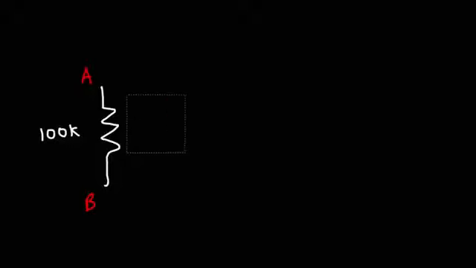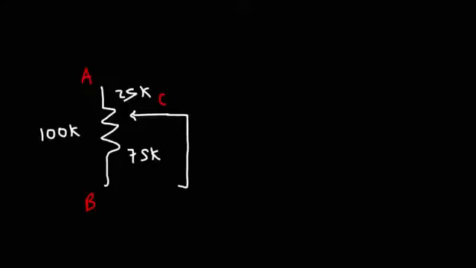Let me adjust this. So let's say point C is closer to point A, such that this is 25K and this is 75K. So the resistance between B and C will be 75K if B and C are not connected to each other.